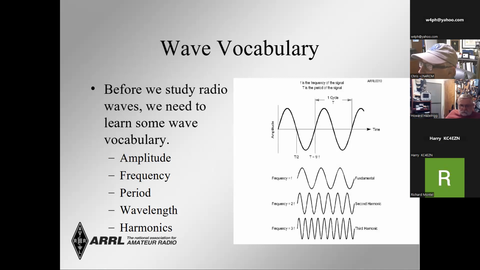Our first drawing here. Is my pointer on the screen? Yes. Okay. The first drawing is of an oscillating radio signal. Waves, the ones you might be most familiar with is if you throw a rock in a lake or a pond and you see waves ripple out from the pond. This is where the displacement of the water causes it to ripple on its way out.